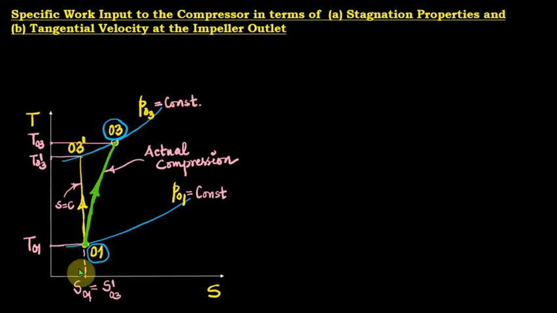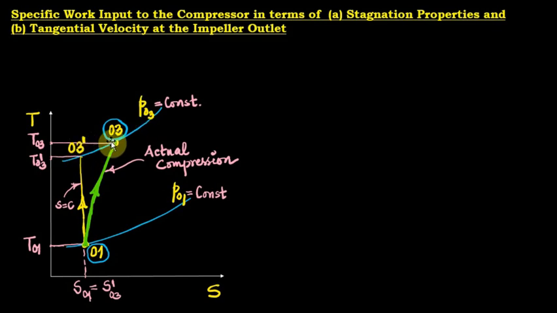In fact, had the compression process been isentropic, then the process would have been 0,1 to 0,3 dash, the vertical line in which entropy S is constant. Since 0,3 and 0,3 dash are on the same constant pressure line, P03 is the same as P03 dash.